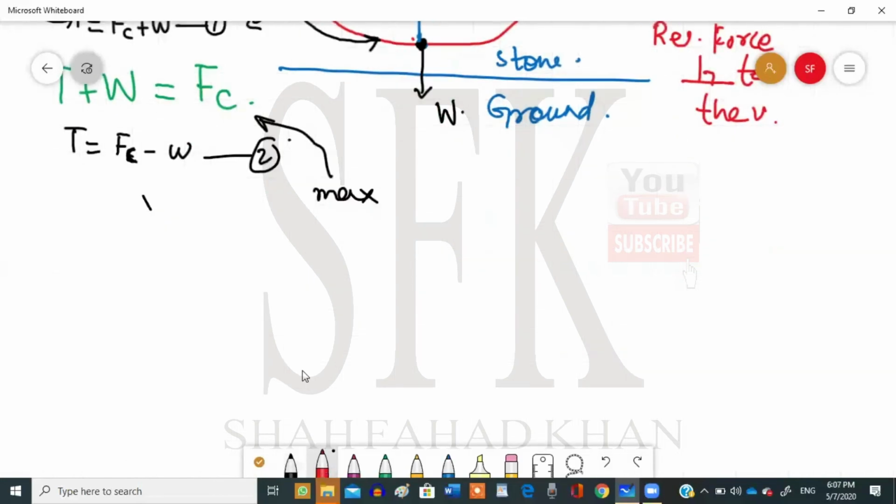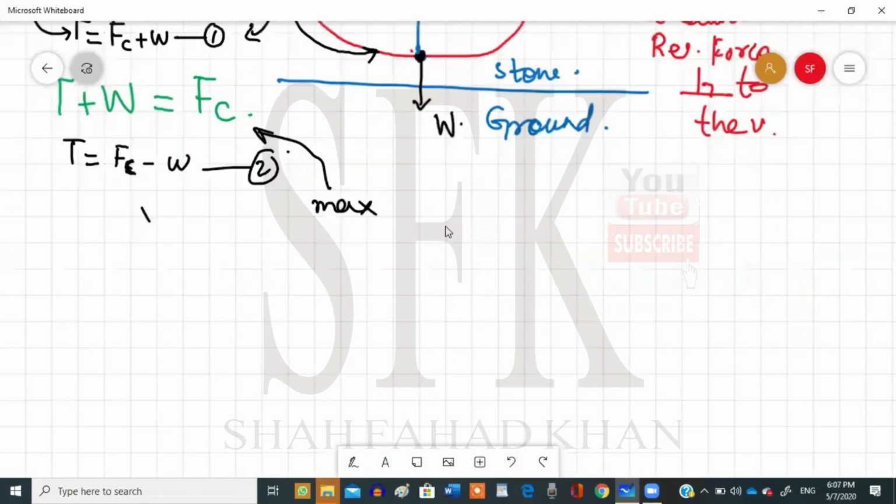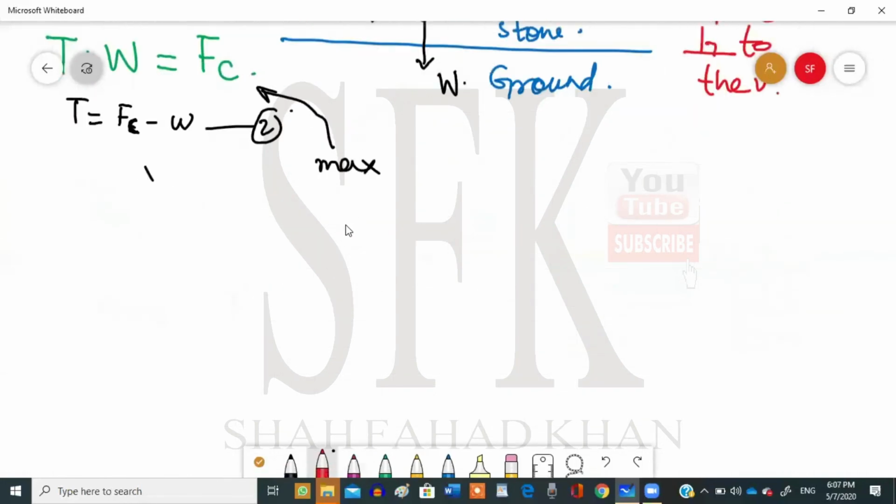Now apart from this, if I take the red equation for the minimum position, I told you that tension minus weight is equal to the centripetal force, right? So you could change this formula by plugging in mg instead of weight, and instead of Fc, you could plug in the formula for Fc.